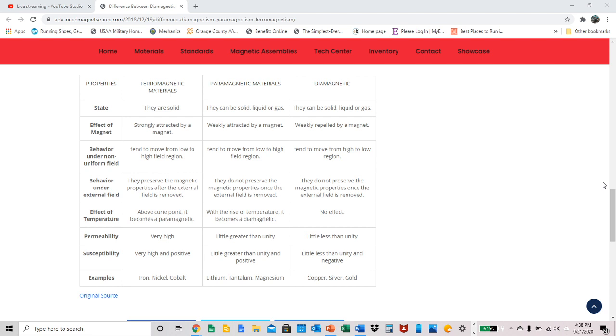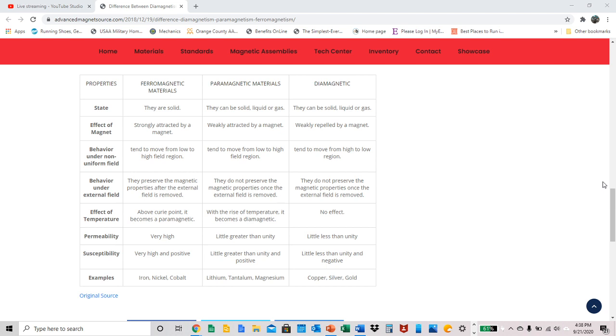Paramagnetic materials effect of temperature: with the rise of temperature, it becomes diamagnetic. And then diamagnetic has no effect when there is either an increase or a decrease in temperature.